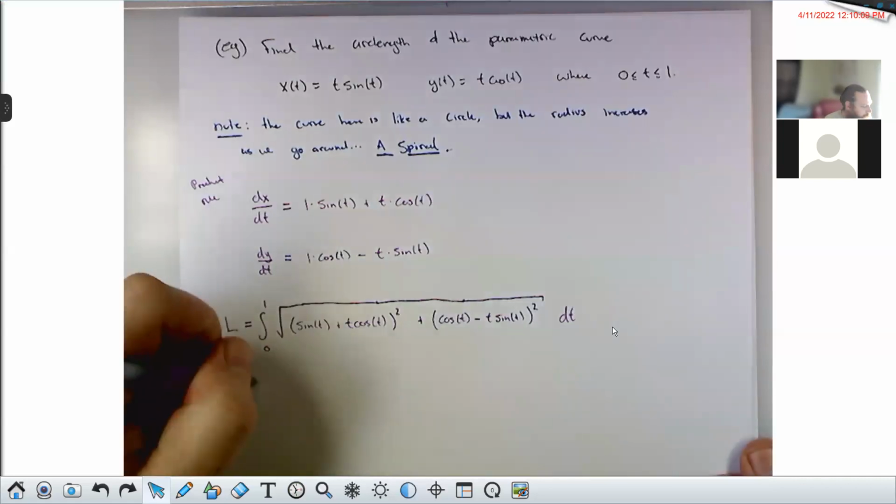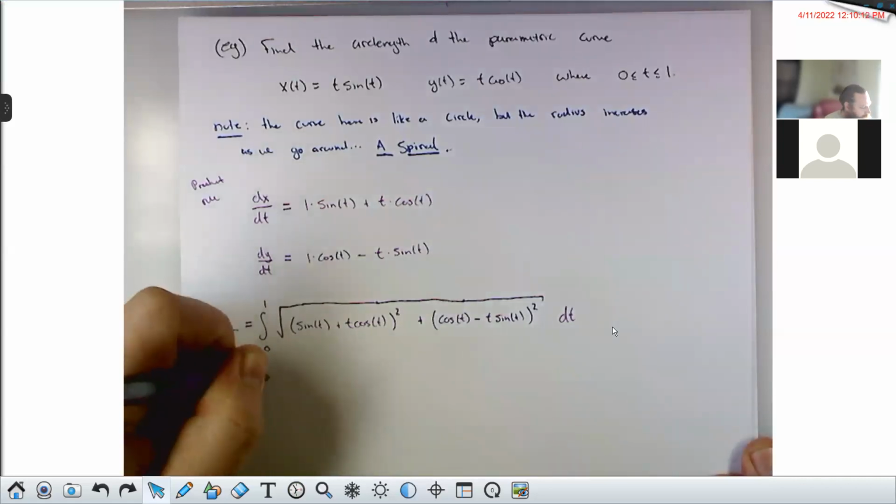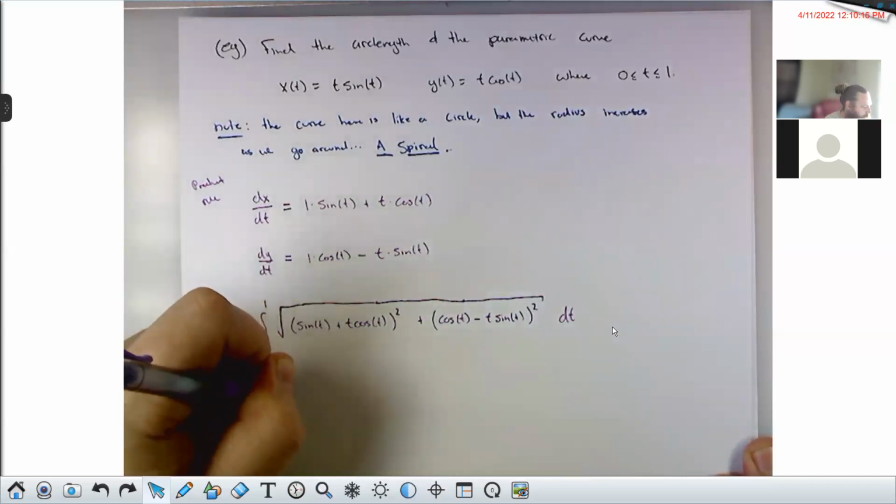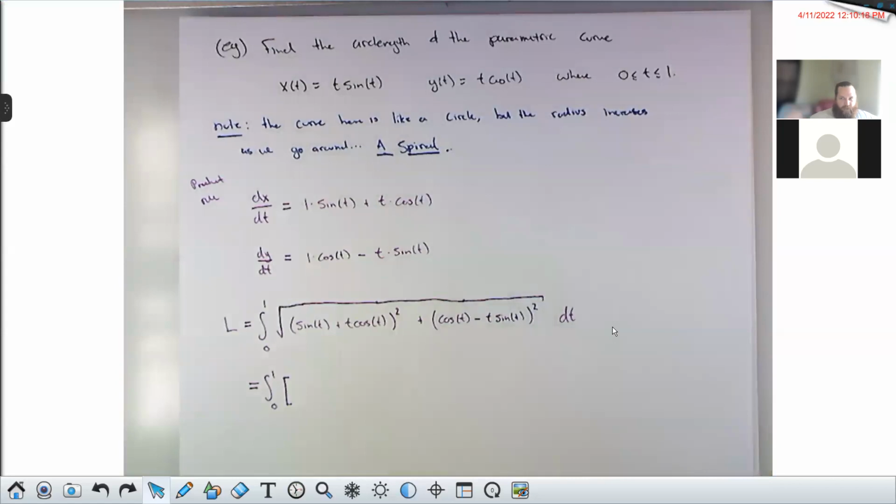So I'm going to go ahead and FOIL things out here. Instead of drawing the big square root, I'm going to put a bracket and then put everything to the 1/2 power, because it's going to be a ridiculous looking square root otherwise.